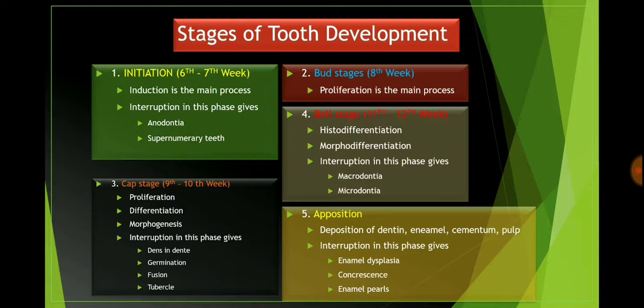So deposition of dentin, enamel, cementum, and the pulp is the main process, and interruption in the apposition stage usually gives rise to enamel dysplasia, concrescence, which is like a hypercementation where two roots are fused together by cementum, and also enamel pearls. So these slides are very high yield, make sure you know them really well.